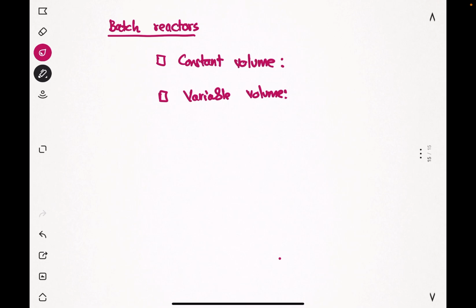If it's an expanding reaction, then the size of the balloon will increase. So this is an example of a variable volume batch reactor. Another good example is the piston type of reactors we have inside a car engine. The piston moves at different stages, and hence the reactor volume also changes. So initially we'll be focusing on constant volume batch reactors only.